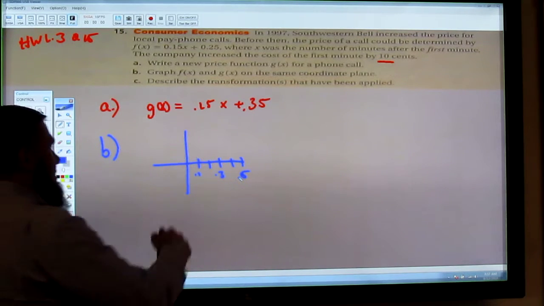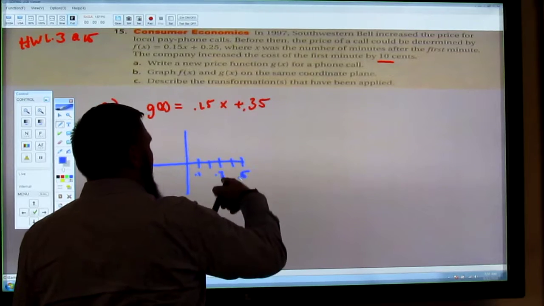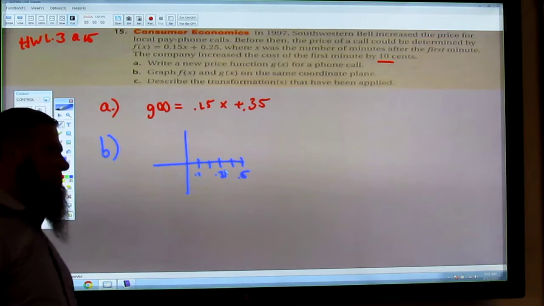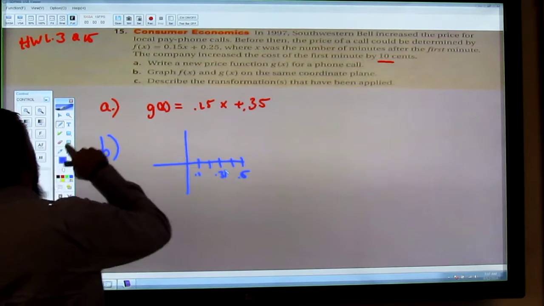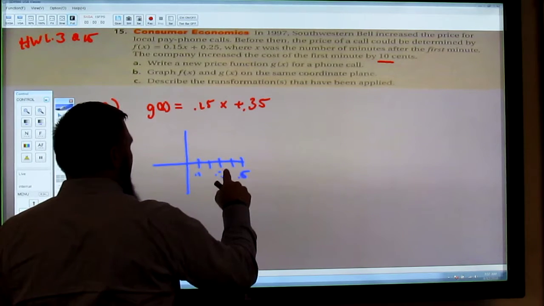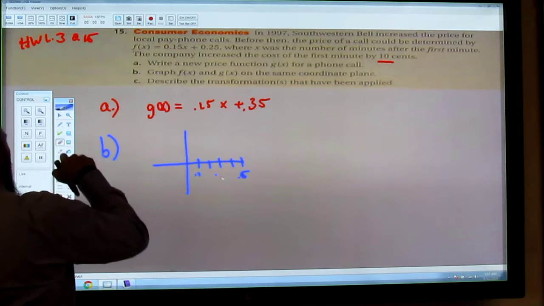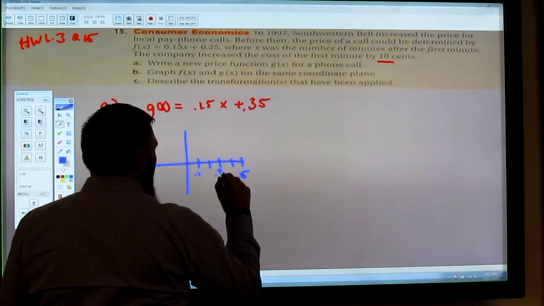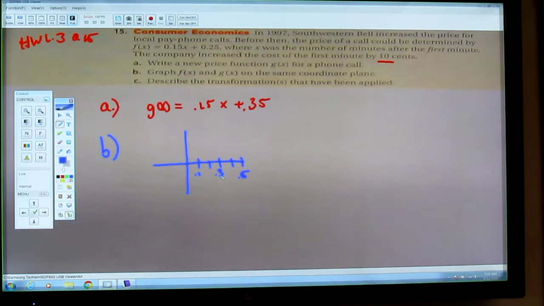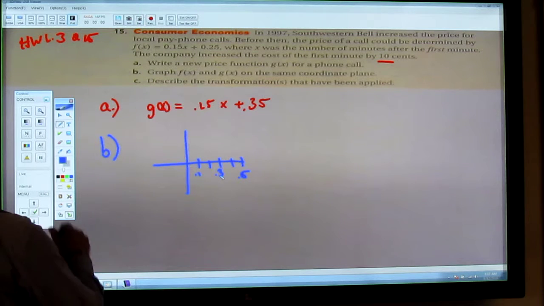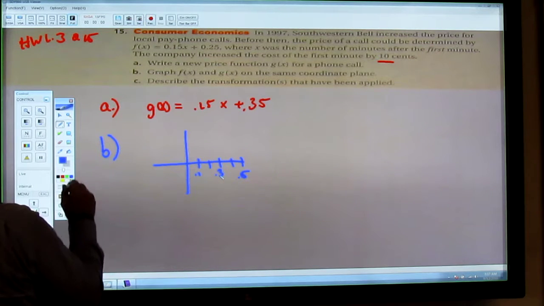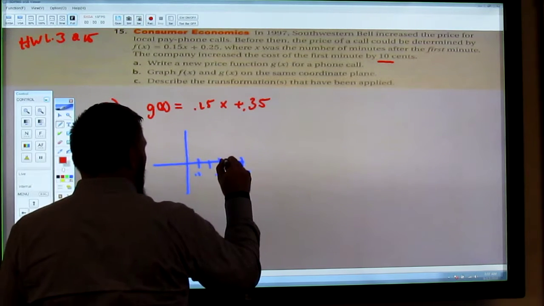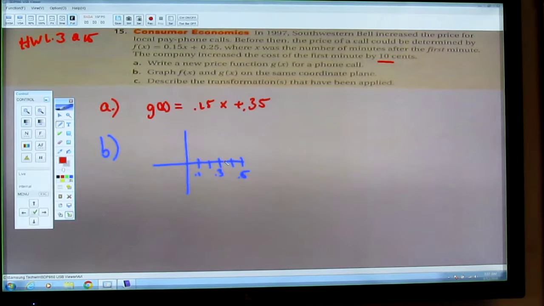We know it's going to be somewhere around 3.5. Let me rewrite that. 30, that's a 3. We know it's going to be somewhere around 35, so basically right in this area.